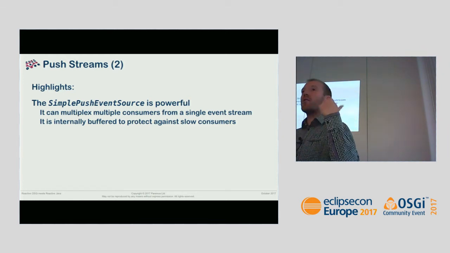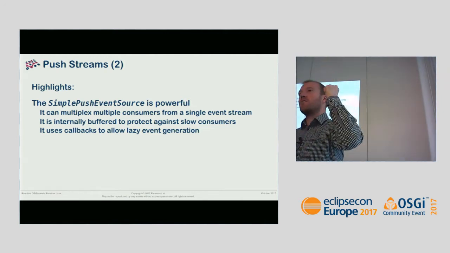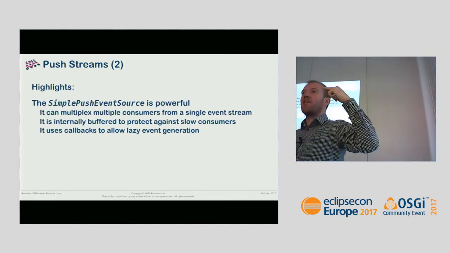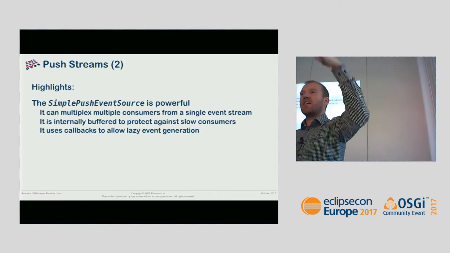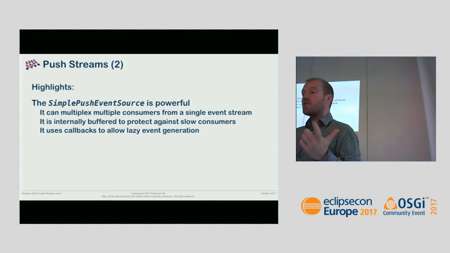It wouldn't block that producing thread. And you've got callbacks, which mean that you can do lazy event generation. You saw that I triggered my sending of the events using a connect promise. That meant that it was only once someone actually connected to my simple push event source that I started generating data. And then when they finish, I can detect that too, and I can stop generating data. So this is really cool.